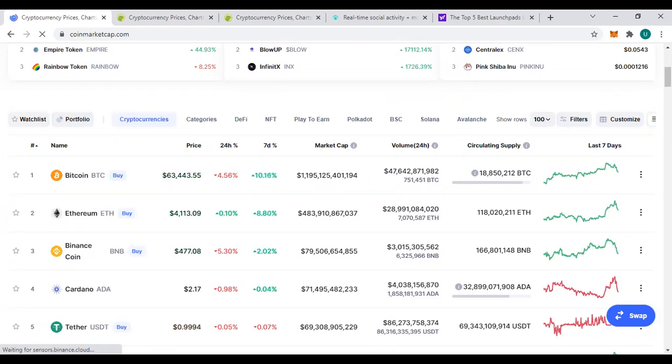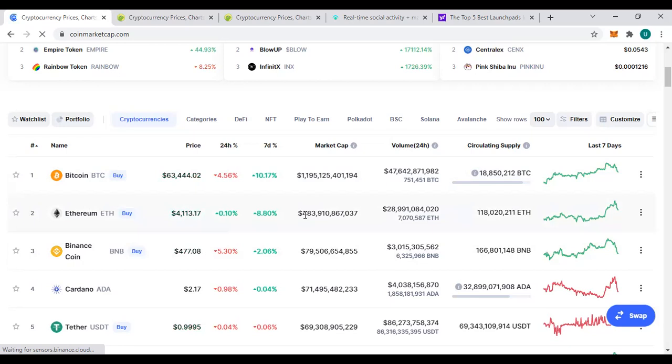First, you're going to see BTC having $1.1 trillion market capitalization. And remember, we have 2.7 trillion as the total market capitalization, and BTC alone has almost 1.2 trillion on its own, then followed by Ethereum.